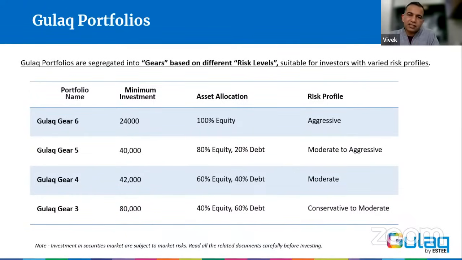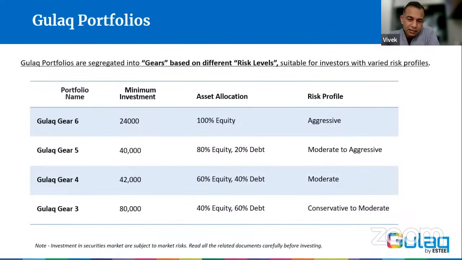So Gear 6 has 100% equity. Now, equity and debt should be thought of like in a car: you have an accelerator and you have brakes. Sometime back I read, would you want to drive a car which has no brakes? Obviously, no one would.